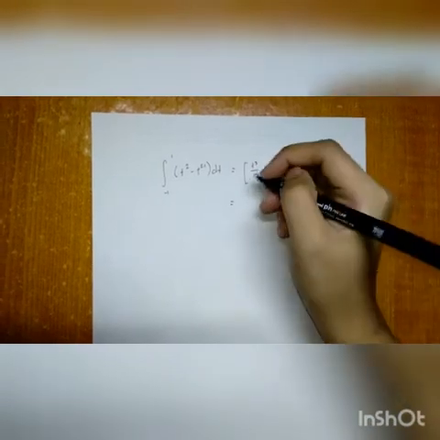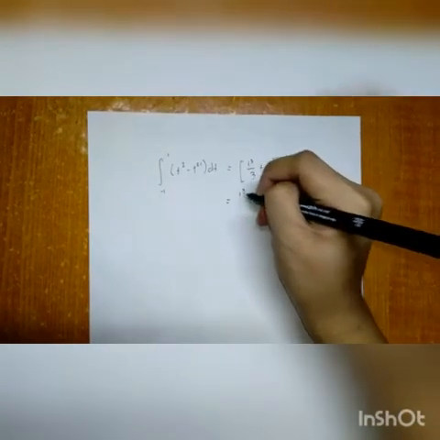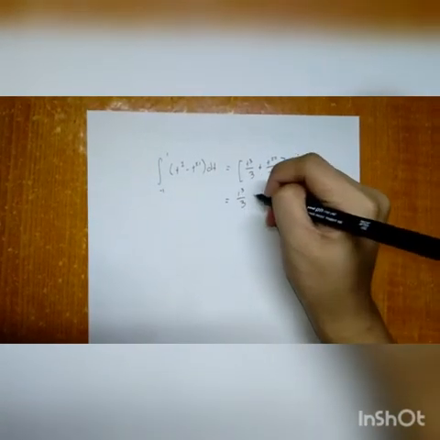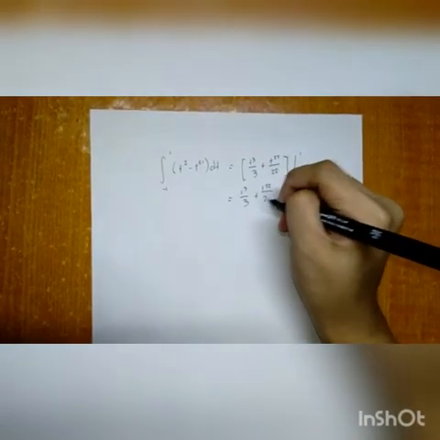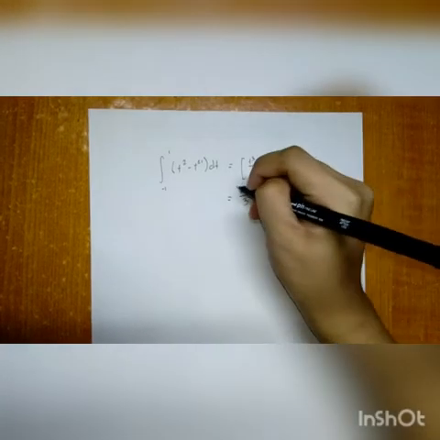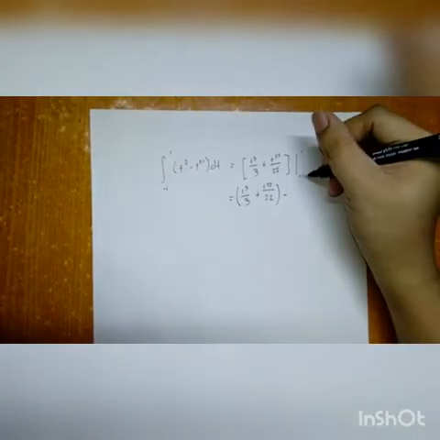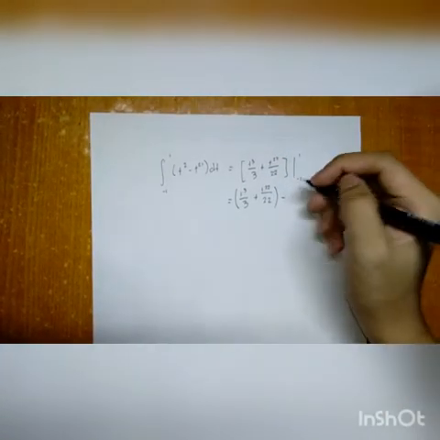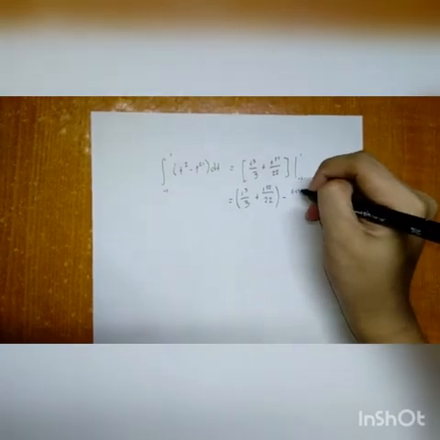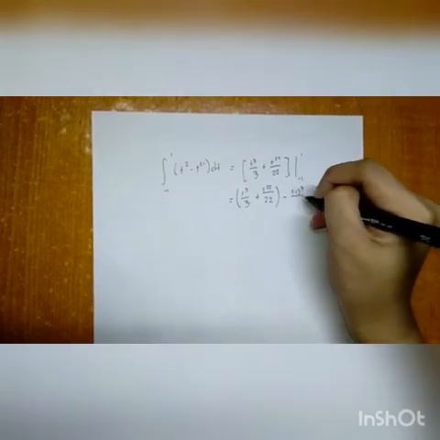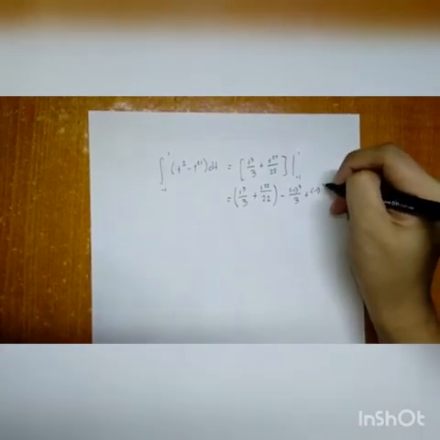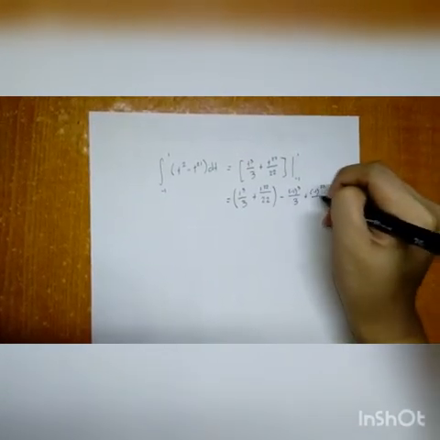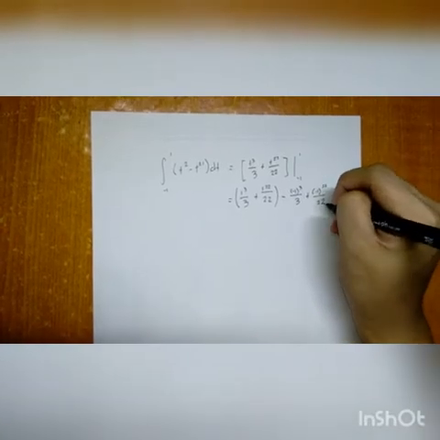Substitute 1 to t: 1 raised to 3 over 3 plus 1 raised to 22 over 22. Minus, substitute negative 1 to t: negative 1 cubed over 3 plus negative 1 raised to 22 over 22.